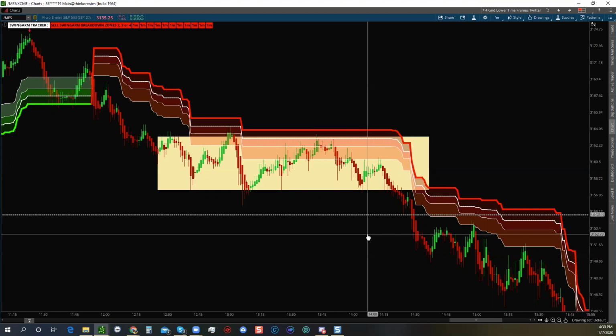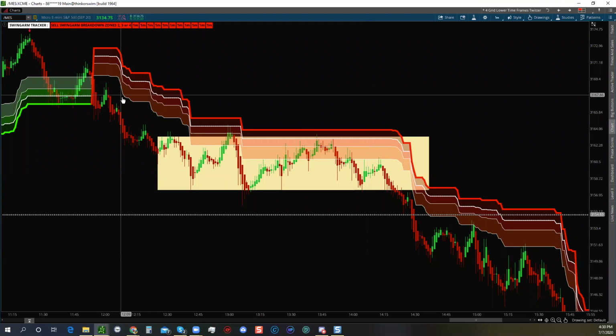So price is coming to a 1 hour buy zone. As you get the bullish 1 minute swing arm, that is the entry. Yes, you ideally want to enter with a fresh swing arm, because that's what's going to give you an entry with higher probability of success, and it gives you an estimated target for your stops.